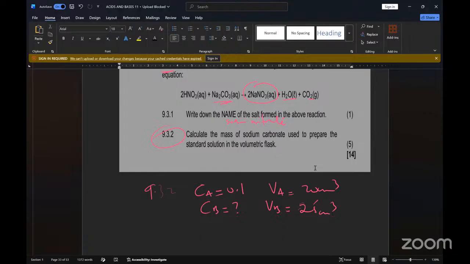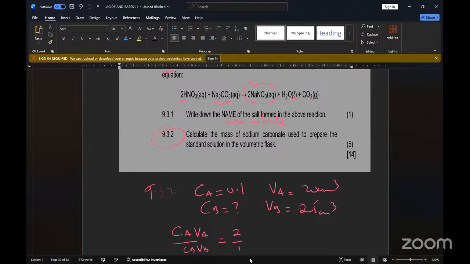So you say the concentration of acid times the volume of acid, divided by the concentration of base times the volume of base, should be equal to the ratio. The coefficient of the acid is 2, so you put 2 over the base, whose coefficient is 1.